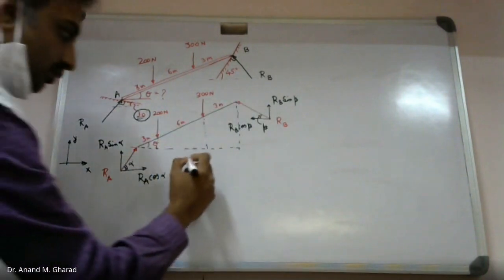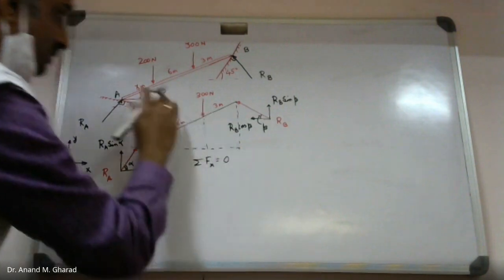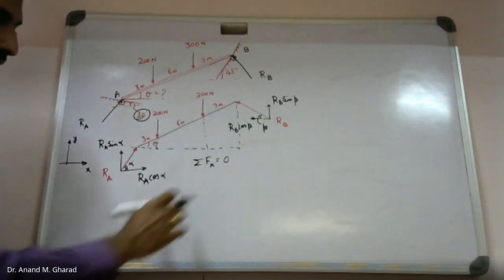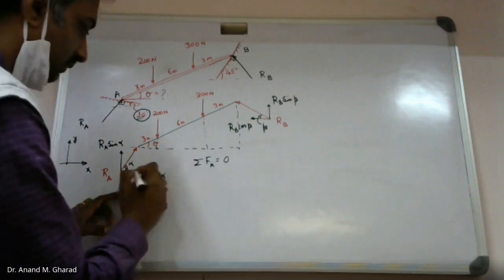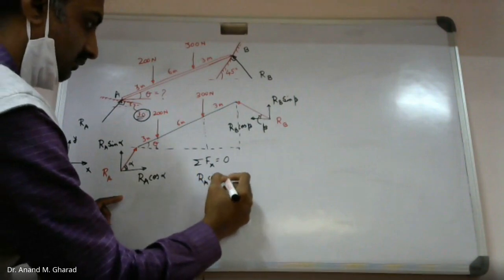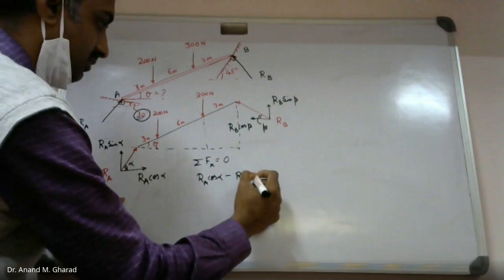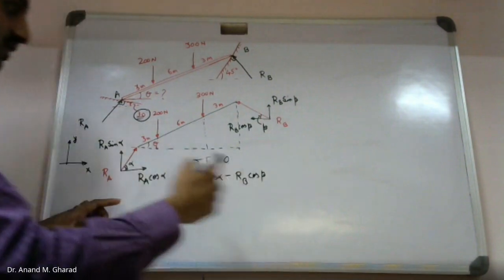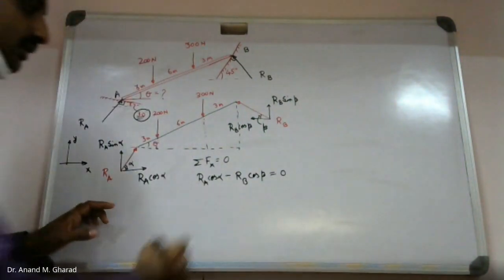So, using equations of equilibrium, since this complete system is in equilibrium, you use summation of force in x direction equal to 0. How many values are there? RA cos alpha, which is positive, RB cos beta, this is negative, equated to 0.